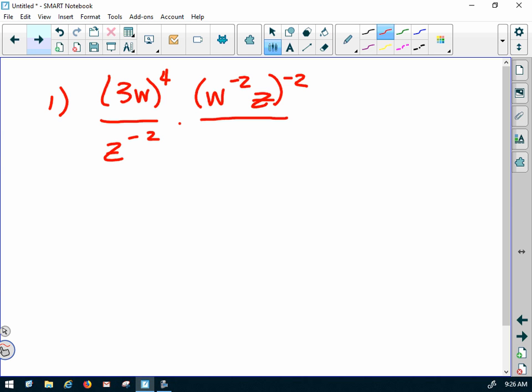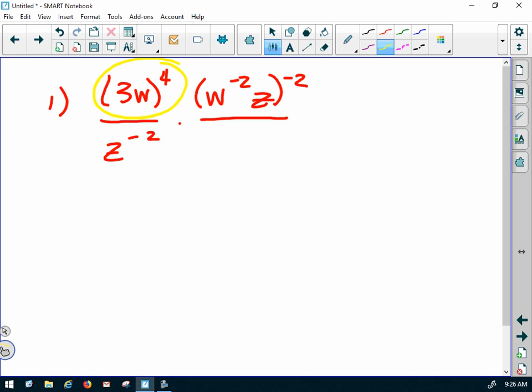All right. Let's look at this piece right here. We're just going to start small. 3w all raised to the fourth power. What's that going to be? It's going to be 20. No. Go to the rules on the front and find one that looks like this.